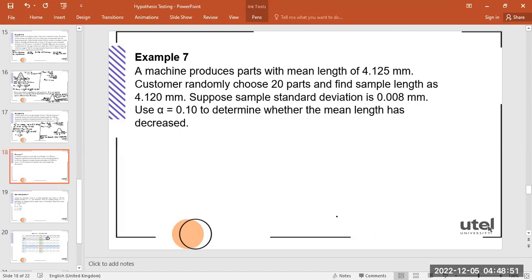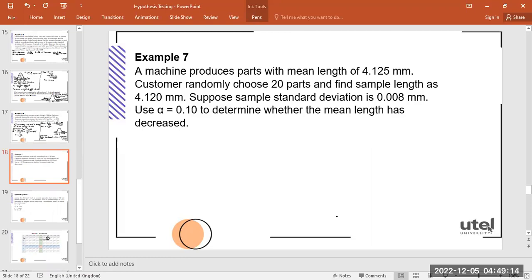A customer randomly chooses 20 parts and finds a sample length of 4.120 millimeter. Suppose the sample standard deviation is 0.008 millimeter, and we are asked to use the level of significance as 0.10 to determine whether the mean length has decreased.